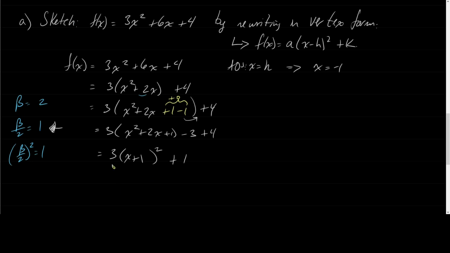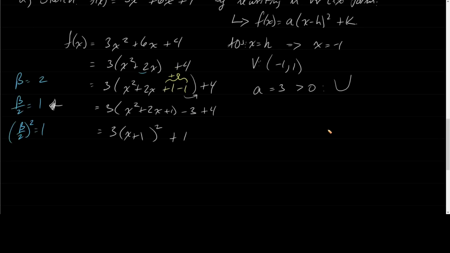This also tells me that my vertex is at the point negative 1 comma positive 1, right? Because there's my k right there. And my a, my leading coefficient, was 3, so this is greater than 0, which tells me that we have it opening upwards.